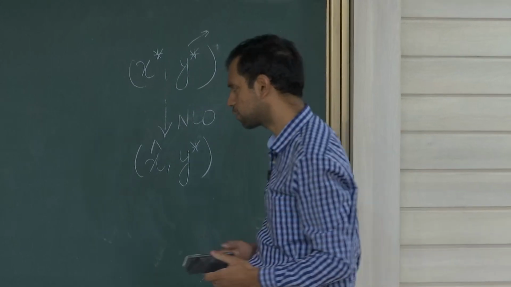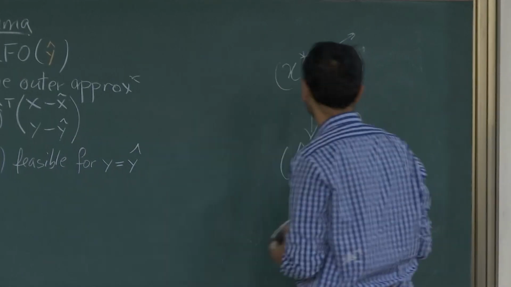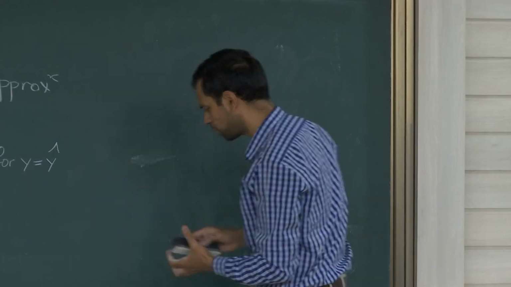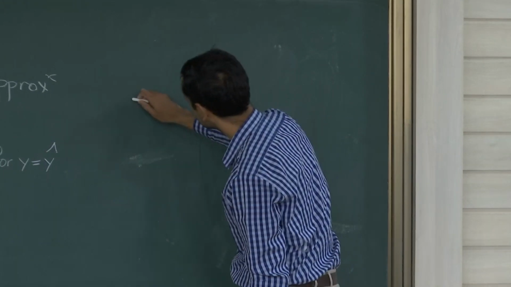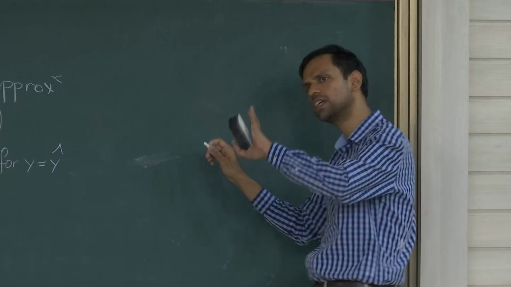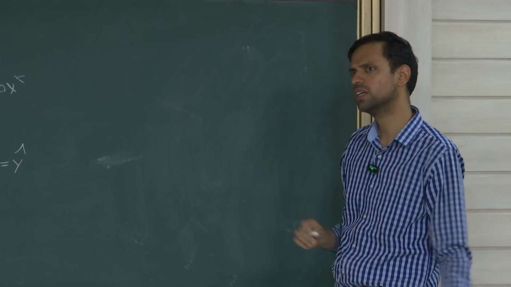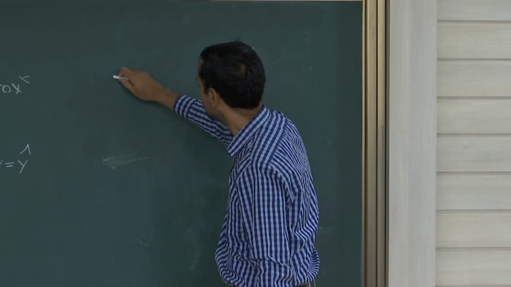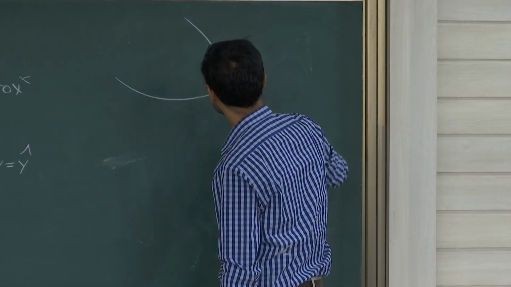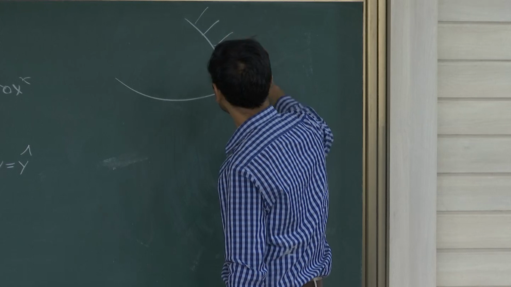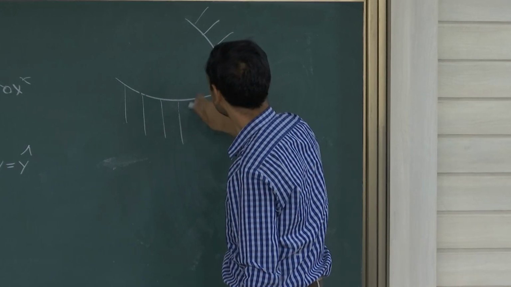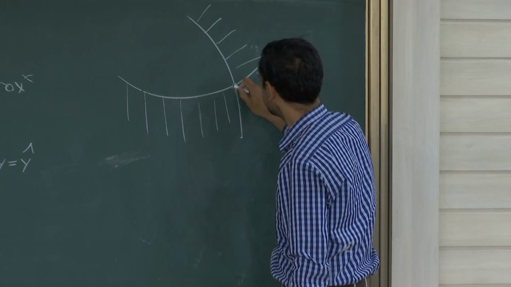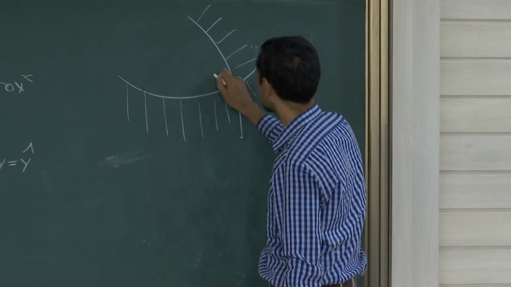So here is another way of looking at it. Forget all this. Suppose I go back to my original nonlinear world, where I just have a nonlinear optimization model, and let us say this is my optimal point, x star.